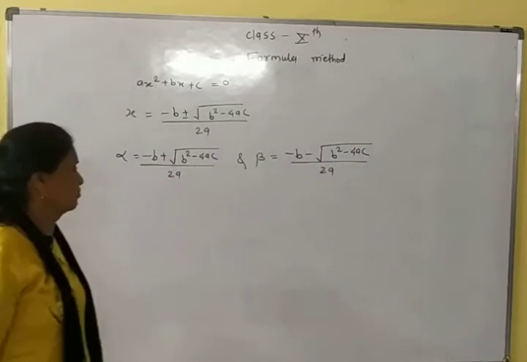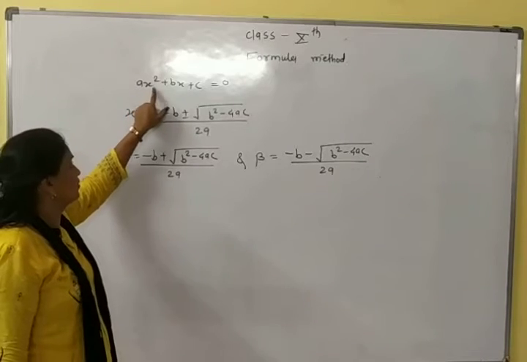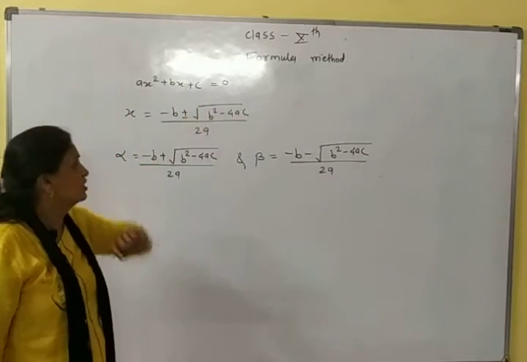These are the roots given by the equation ax² + bx + c = 0.